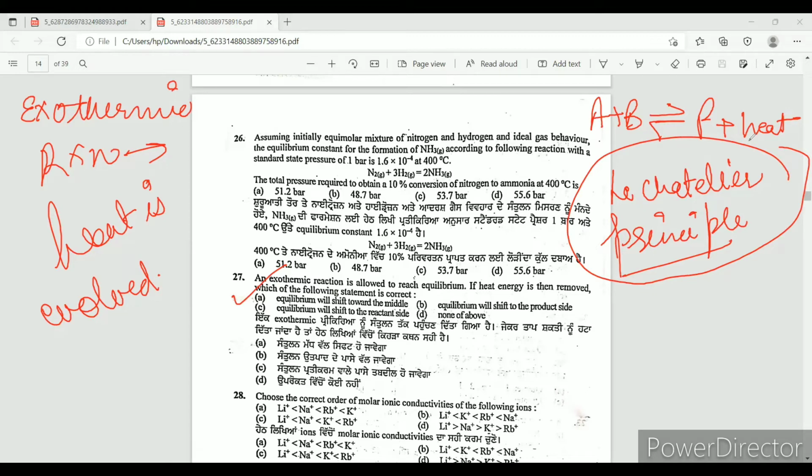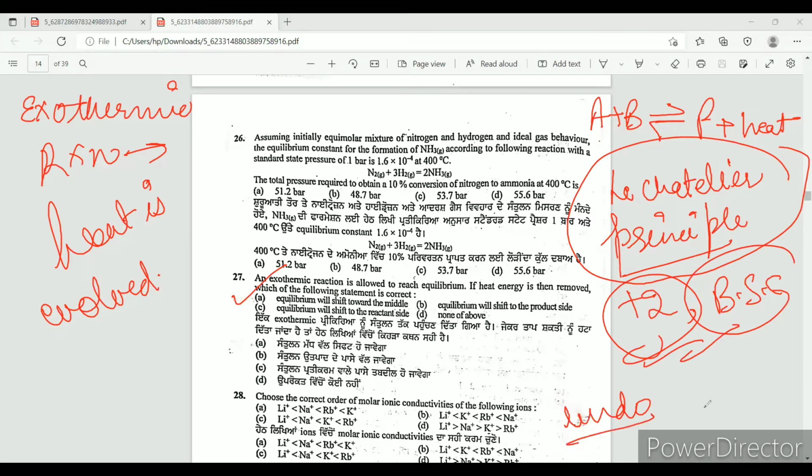I hope you have already studied Le-Chatelier principle. It is a very important concept of +2 as well as BSc. Le-Chatelier principle always undoes the change that you have made, right?